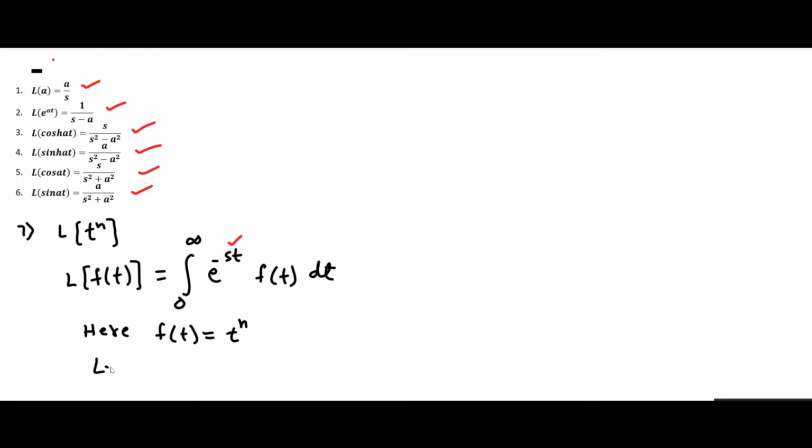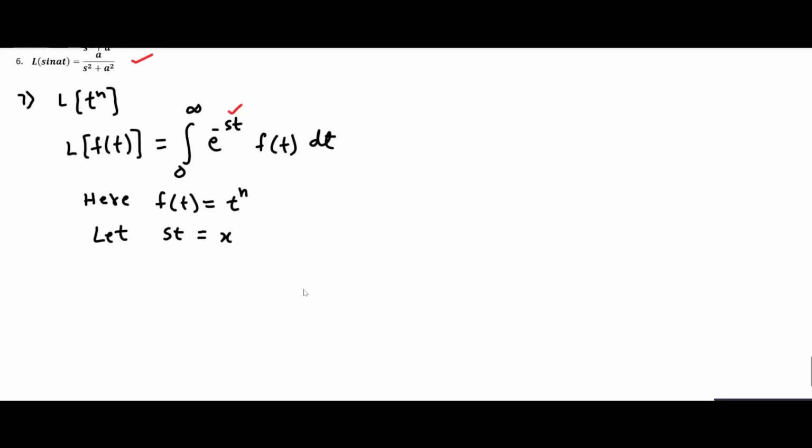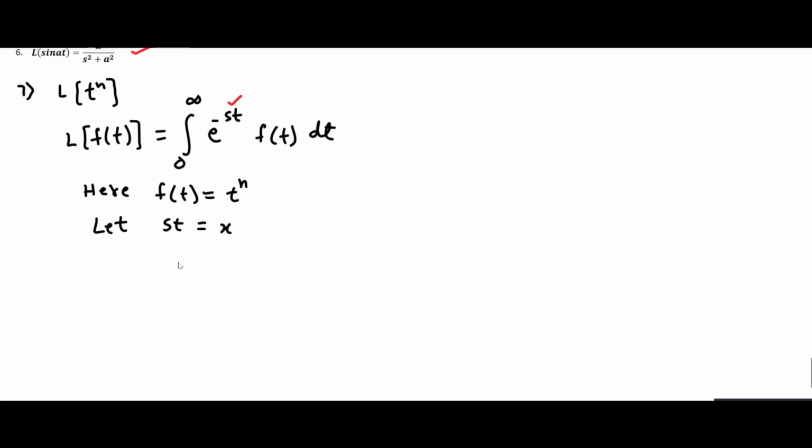Let me put st equal to x. If I take st equal to x, then t can be written as x divided by s, after cross multiplying s.